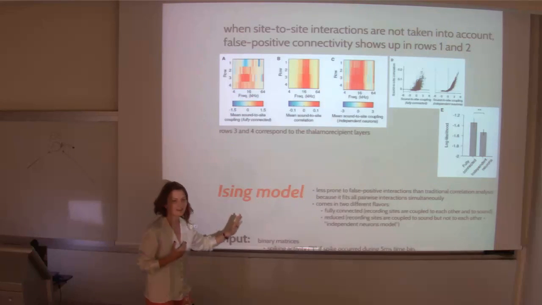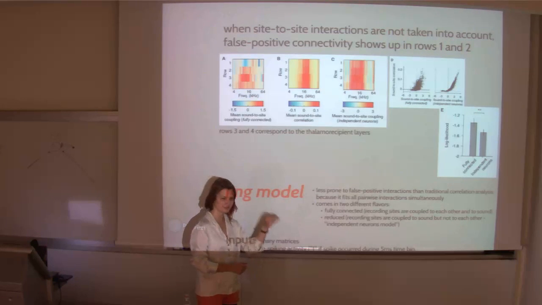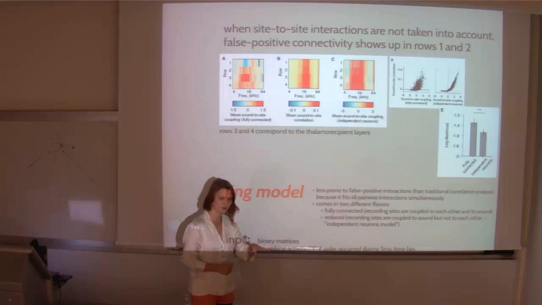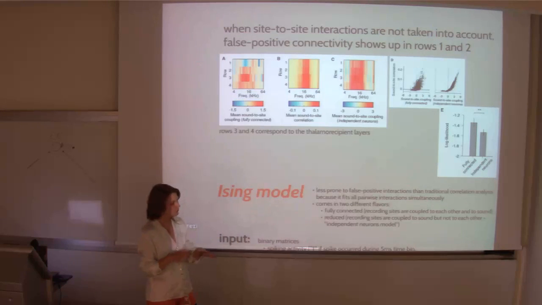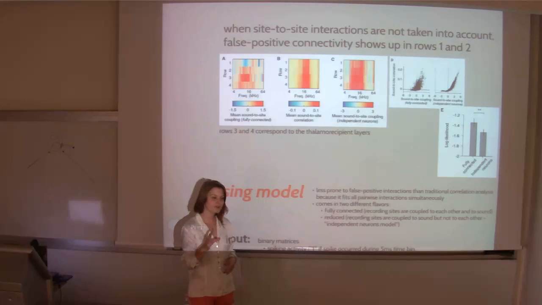So it comes in 2 flavors. We had the fully connected Ising model, as I just explained it to you, where we have sight-to-sight and sound-to-sight coupling. And then we have the reduced Ising model, which they call the independent neurons model, in which they only look at sound-to-sight coupling. So that resembles more the traditional correlation analysis.